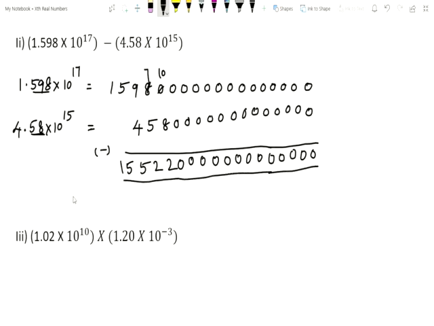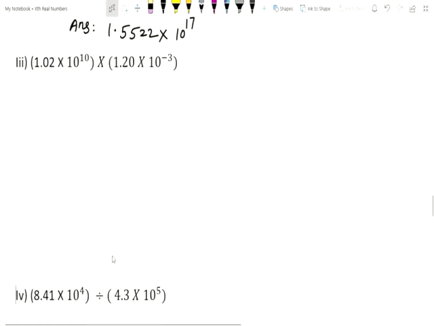Now we give the answer in scientific notation. 1.5522 into 10 power, after that one, how many digits are there? Count the digits here: 1, 2, 3, 4, 5, 6, 7, 8, 9, 10, 11, 12, 13, 14, 15, 16, 17. So 10 power 17. You understand, children? Okay, children. See the next one.